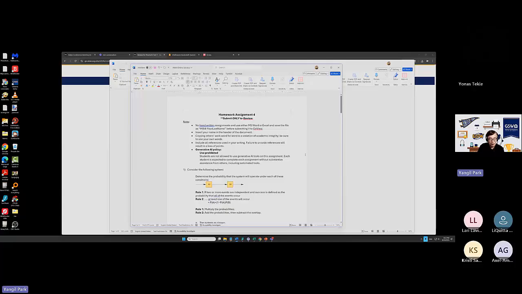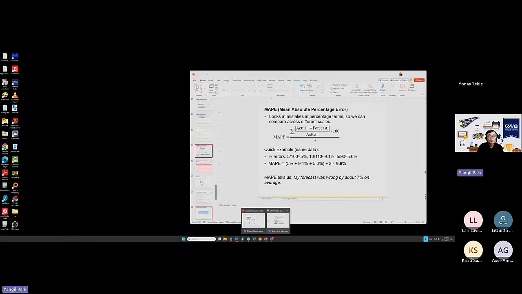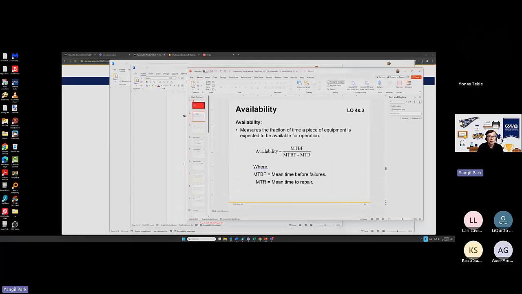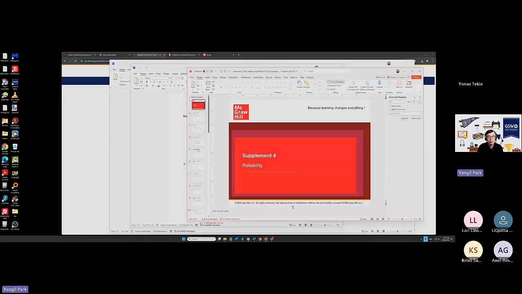Okay, so let me just give you some overview. I believe the homework questions are from chapter 4S, which is more about reliability. The other chapter is actually chapter 4. This is S, right? Yeah, reliability. They call it supplemental to chapter 4.